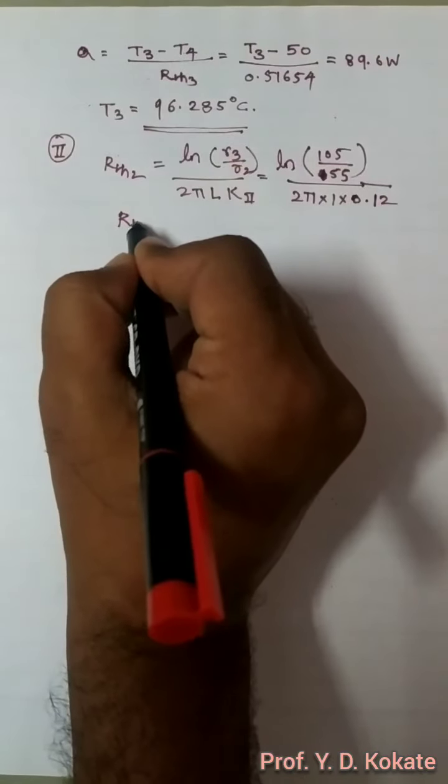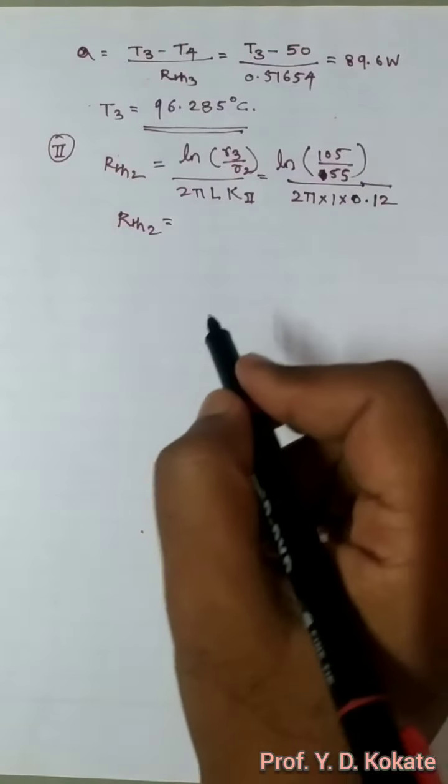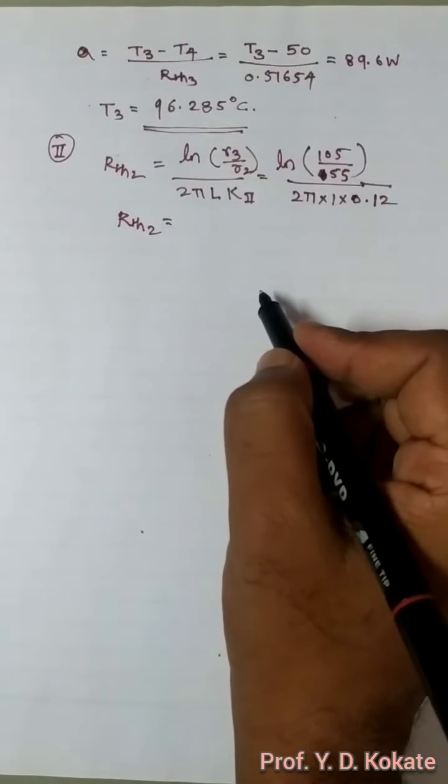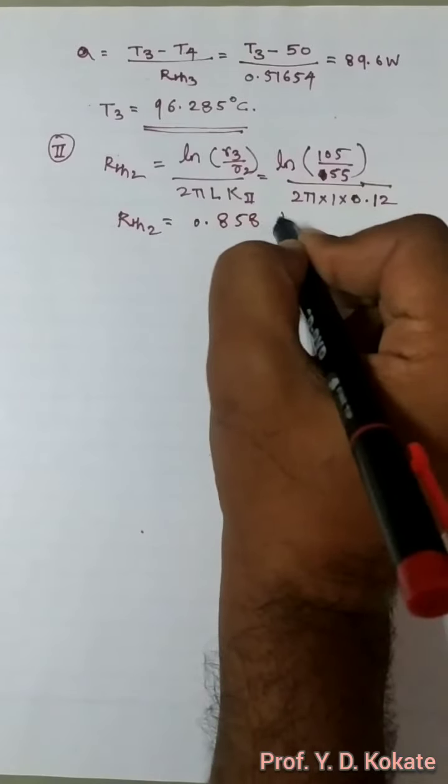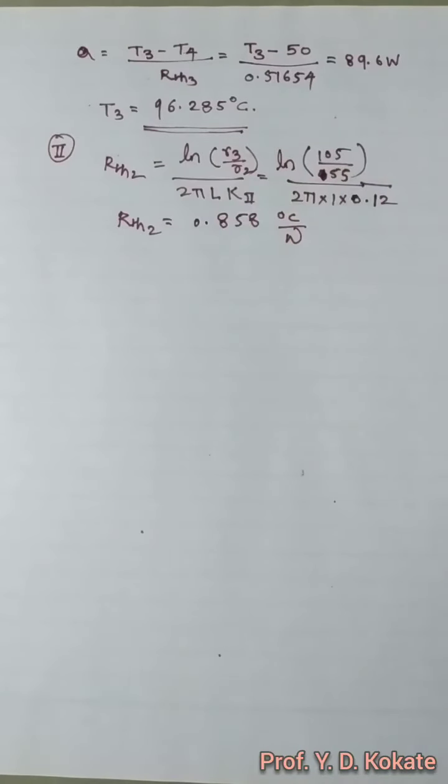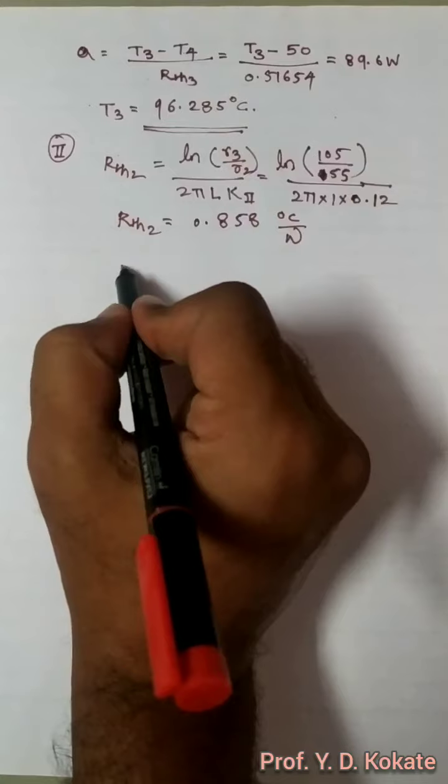So RTH2 is equal to 0.858 degree Celsius per watt. Okay, like that I found it.